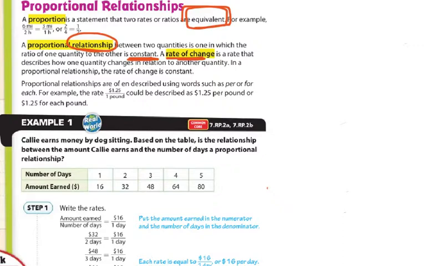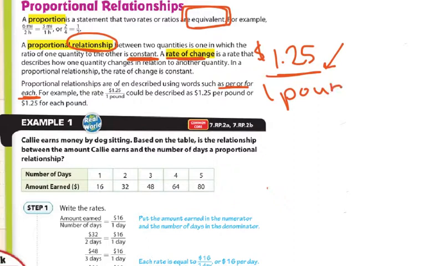Proportional relationships are described using words such as per or for each. That's how you know what is going to be in the numerator versus the denominator. Remember we said that the, you guys, I forget the name of that. You remember you looked it up on like the second day of school? You guys know the name of it.